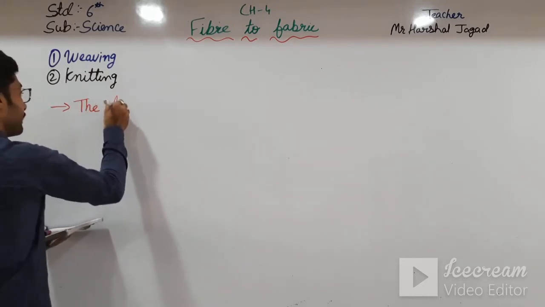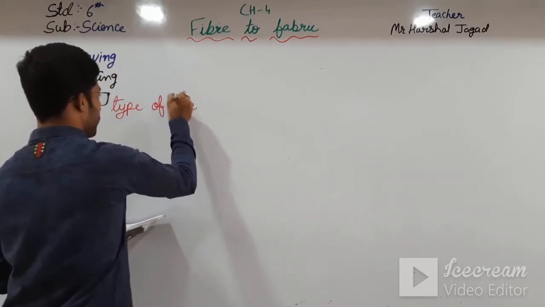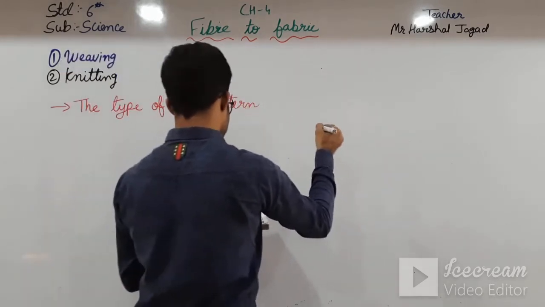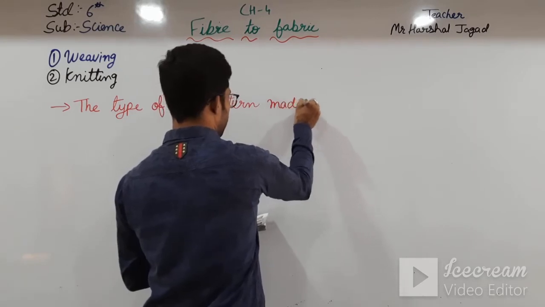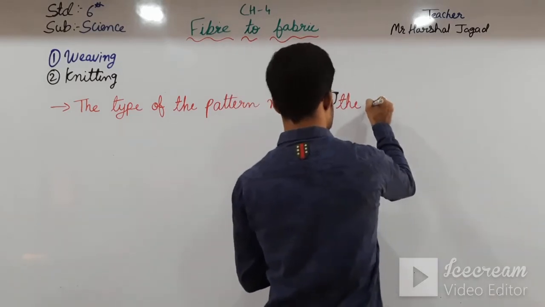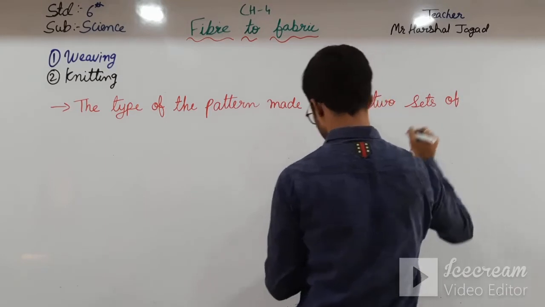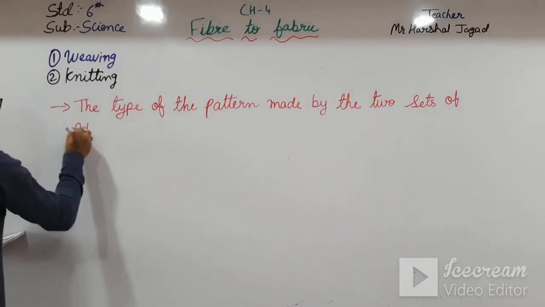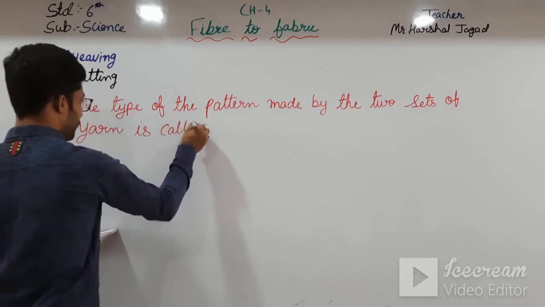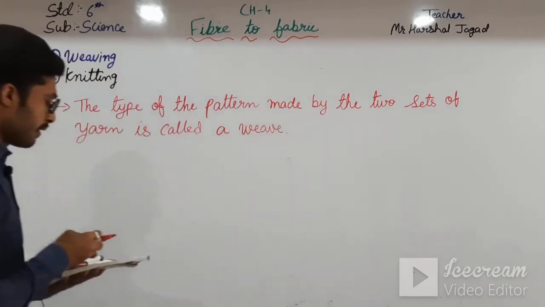The type of pattern made by the two sets of yarn is called a weave. Okay students, it is known as a weave.